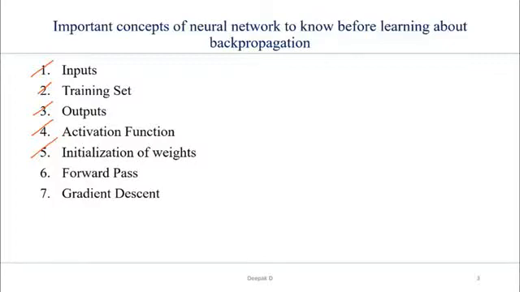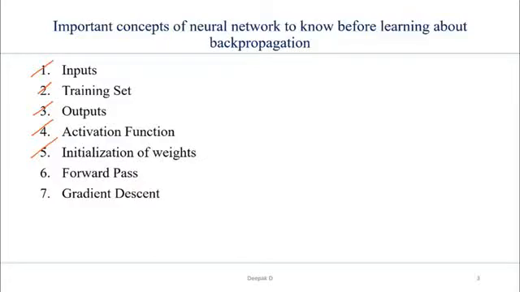Initialization of weights means setting the weights at the beginning, so before the model is trained, we have to set the weights. A typical strategy in neural networks is to initialize these weights randomly and then start optimizing from there. So this is all about the initialization of weights.